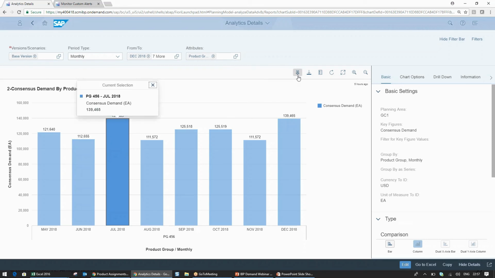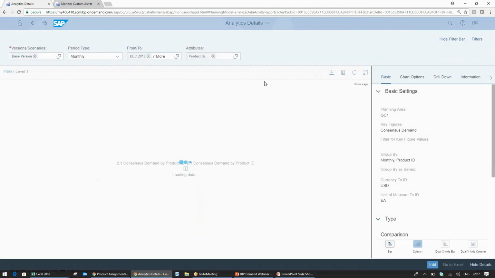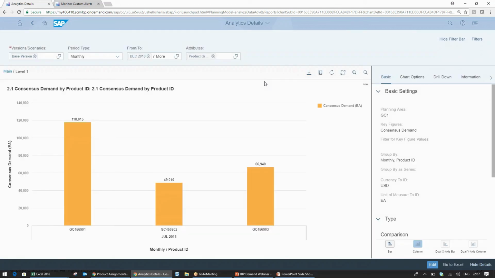I want to see what was the contribution for each of the products in this particular product group for this particular month. So I can create a drill down onto that, and I can see the different products that come under that product group to see the contribution in terms of my consensus demand.